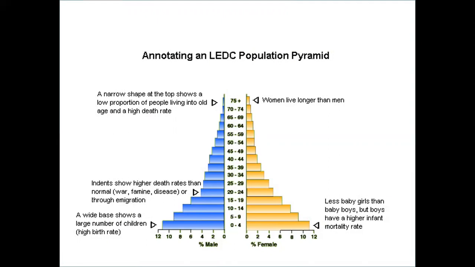If you see this wide base, you can understand that they have high birth rates. On the female side, you can see that there are fewer baby girls than baby boys, but boys have a higher infant mortality rate.